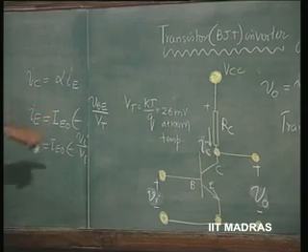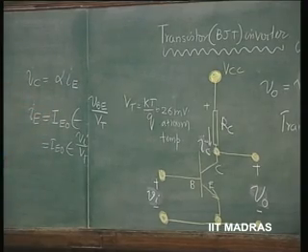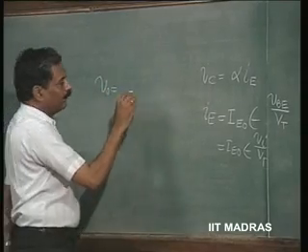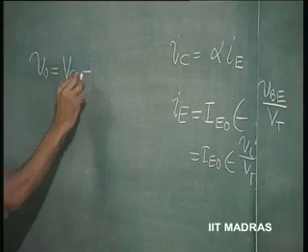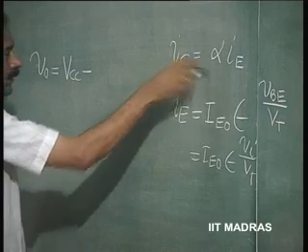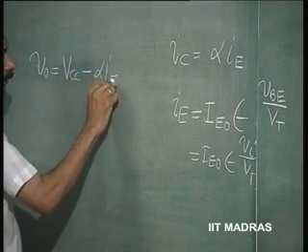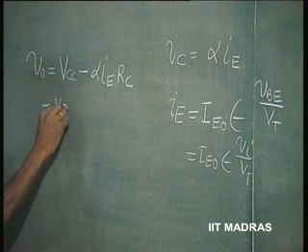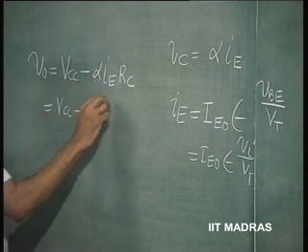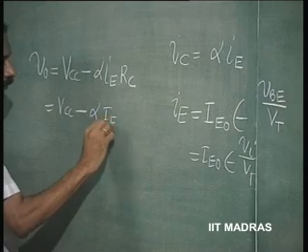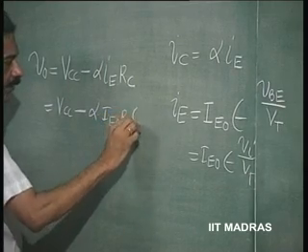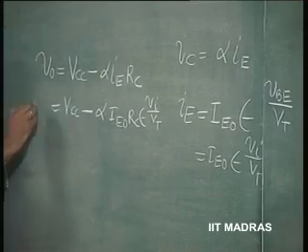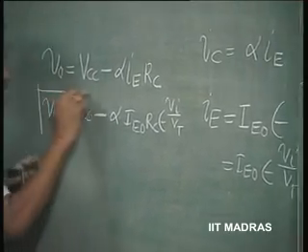So, now substituting all these things together, we get V naught equals V C C, a constant voltage, minus I C times R C. I C is equal to alpha I E, so V naught equals V C C minus alpha times I E naught times R C times exponent V I by V T. This is where we had sort of stopped.